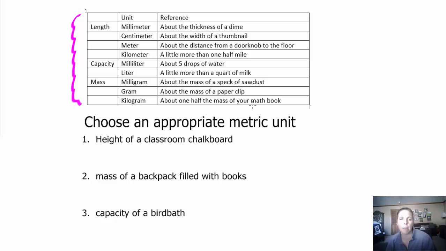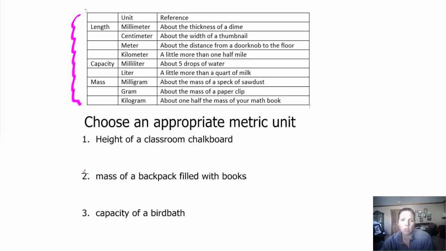So if we're trying to come up with appropriate metric units, and sometimes you're going to have to explain so I can know why you pick these, but it depends on the problem. So the height of a classroom chalkboard. Okay, so we know we're going to use length. Well, you can technically use any of these, but what would be the best and the easiest?